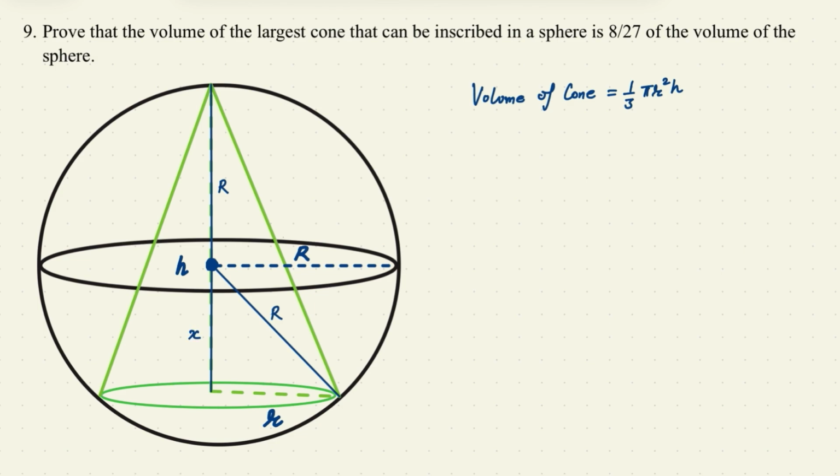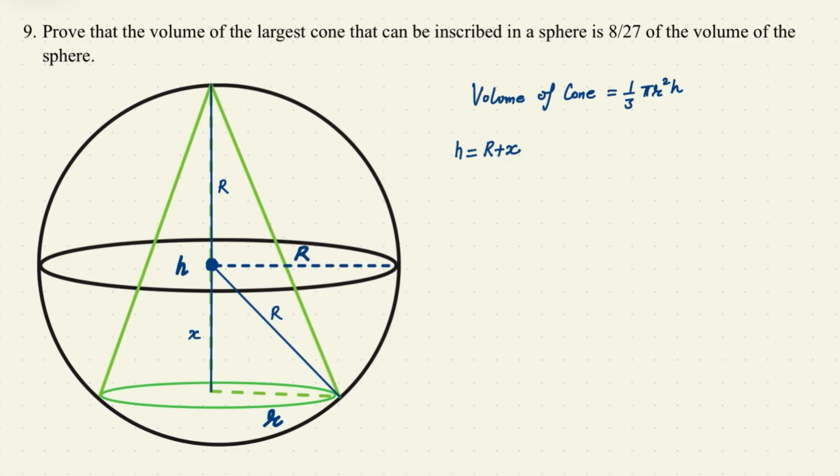Now looking at the figure, I can write that the height of the cone is capital letter R plus x. See here, this entire length is the height of the cone, which is equal to R plus x.